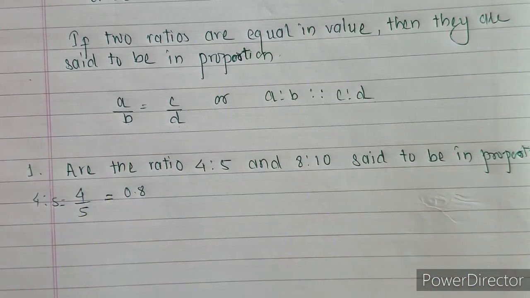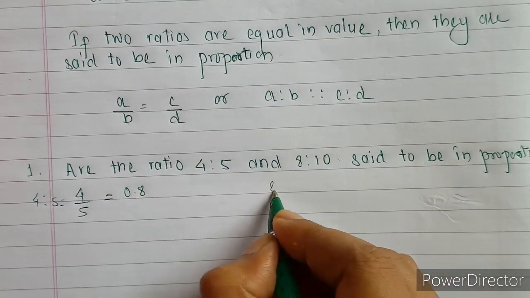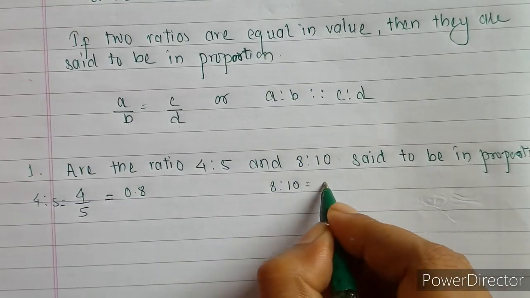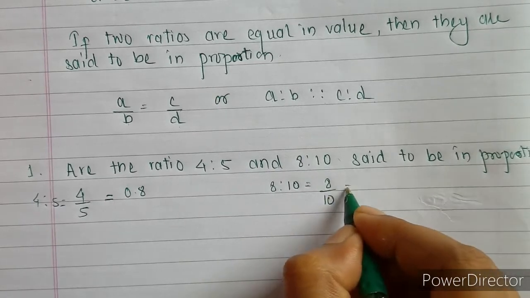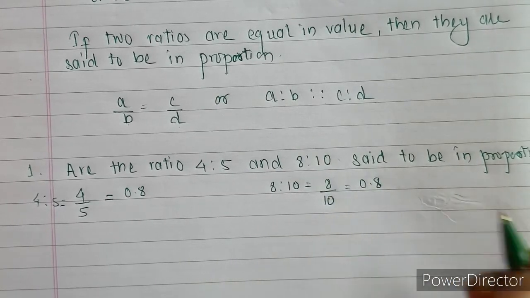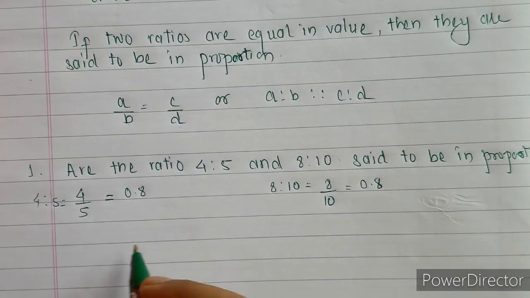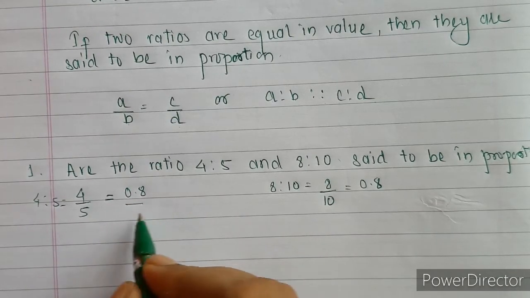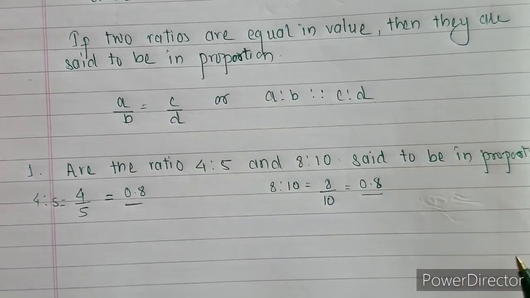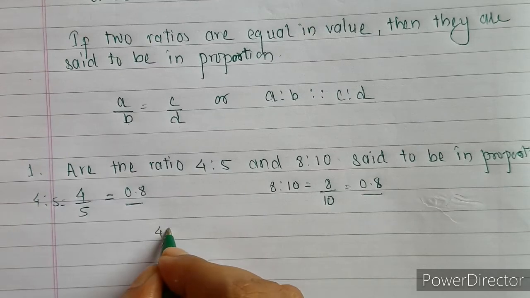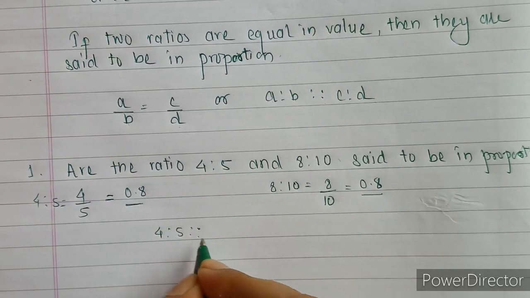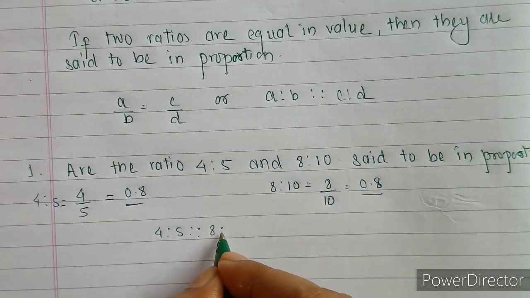Similarly, 8:10 can be written as 8/10, which is again 0.8. So the ratios of both are equal, and we can say that 4:5 is in proportion with 8:10.